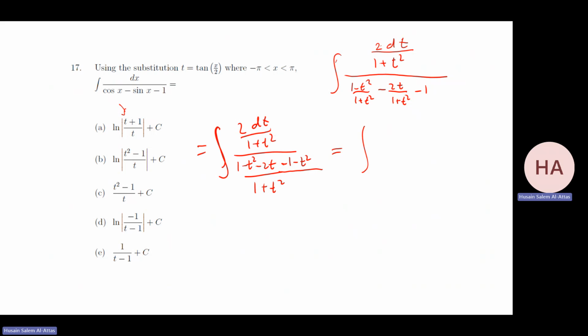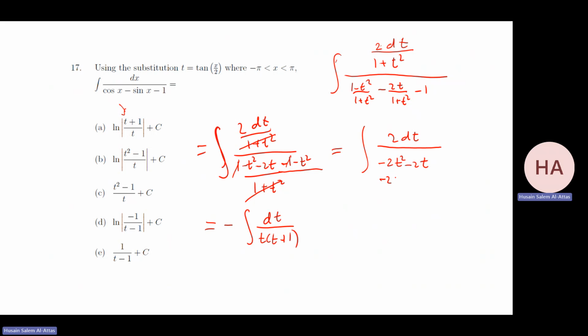Yeah, but this is cancelled for us. So I have 2 dt over what? Yeah, this one cancelled. I have minus 2t squared minus 2t. So to cancel, I take minus also outside. I have dt over t squared plus t, which is t(t plus 1).